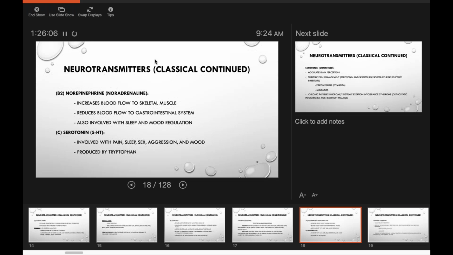Cymbalta, as you know, or may not know, was first FDA approved for fibromyalgia, even though an SNRI is in the category of an antidepressant. Just because it's in that category doesn't mean that's why it's used.